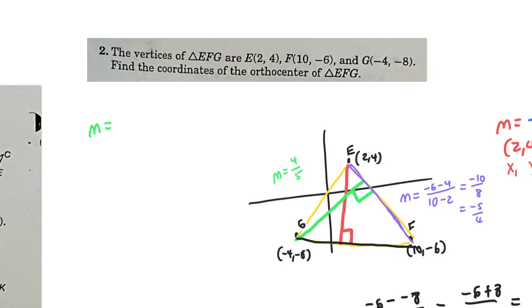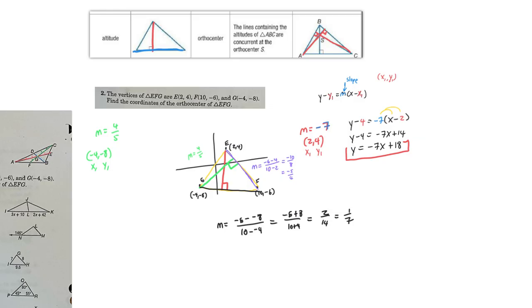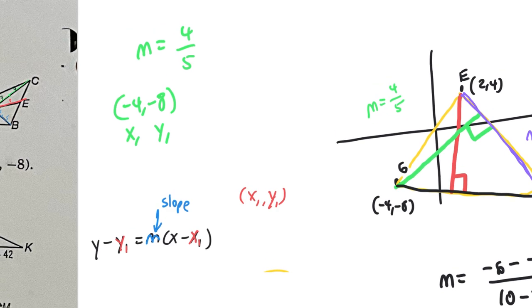We have a slope 4/5 and a point called -4 comma -8. And we can call that our x1 or our y1. And we can begin to construct the equation of the line by using our handy dandy point slope form.